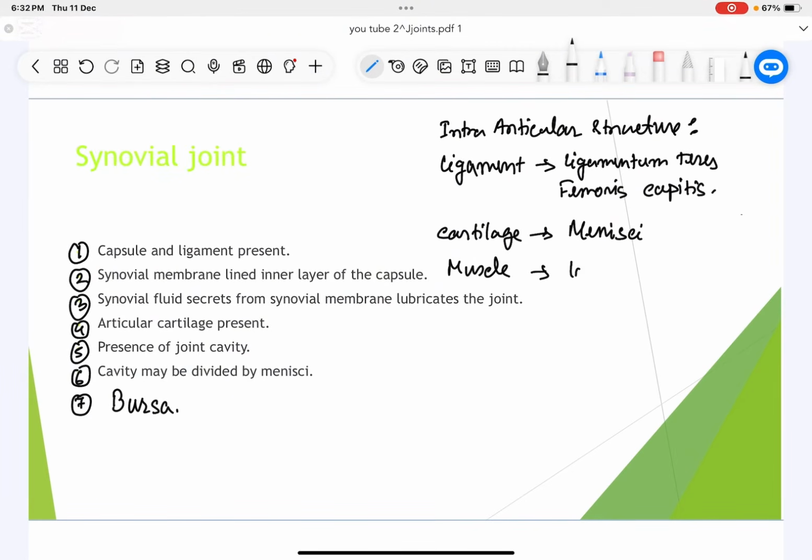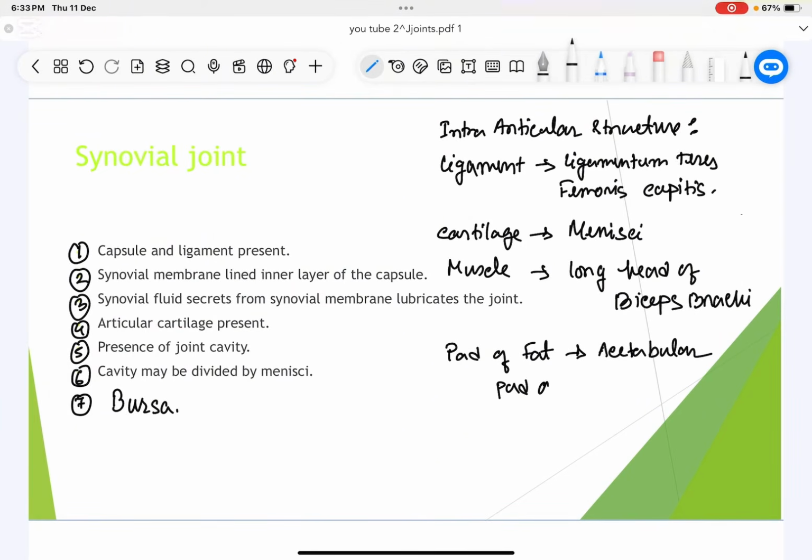Give an example, we can say long head of biceps brachii. We can also get inside the joints a pad of fat. Here also we can say the acetabular pad of fat in hip joint. So these are the intra-articular structures in synovial joints we can get.